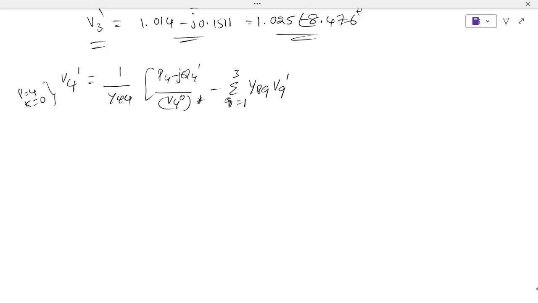Then the next term, sigma Q is equal to P plus 1, that is 4 plus 1, 5, does not exist. So close this. That is not required.